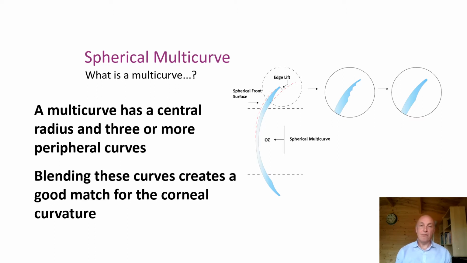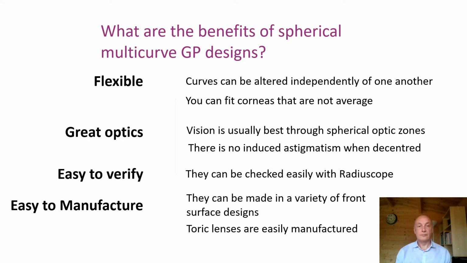Now, with a spherical multi-curve, we have the option of being able to adjust these different curves independently of one another. And this is something that an aspheric lens cannot do. So this flexibility means that we can fit non-average cornea.